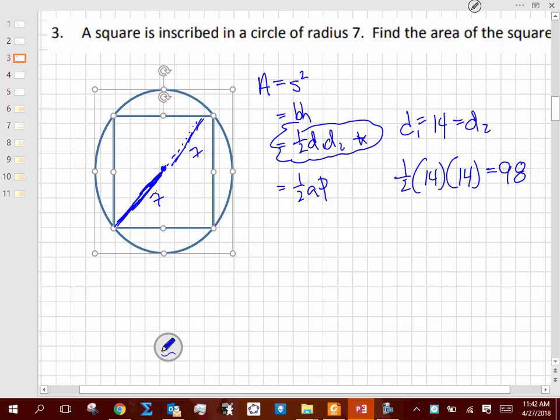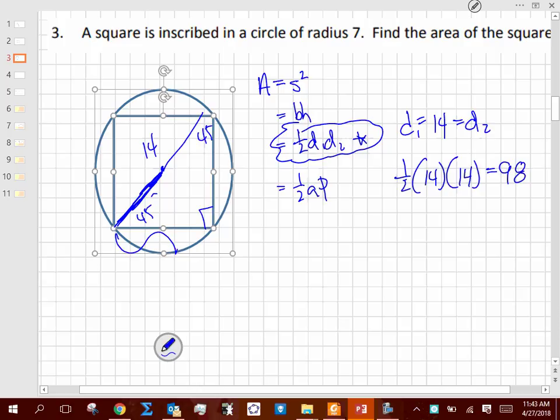Are there other ways of doing that? Absolutely. Are there other easier ways of doing that? I don't think so. I think the other ways are going to involve you recognizing, if that's a total of 14, is this a 45-45-90 triangle here?